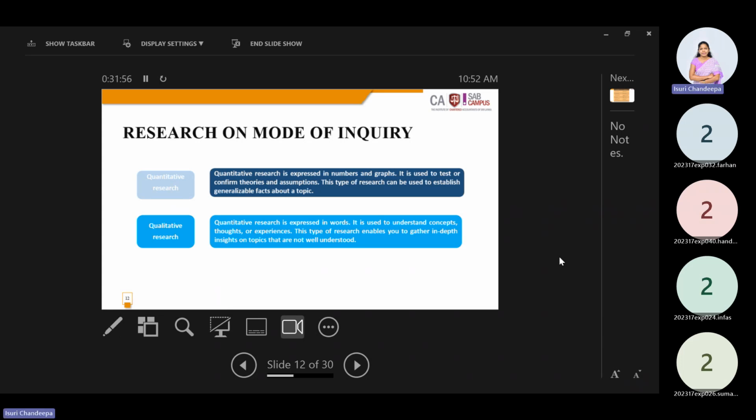Quantitative research uses objective numerical data to answer questions like what and how. Qualitative research seeks answers to questions like why and how, focusing on subjective experiences.